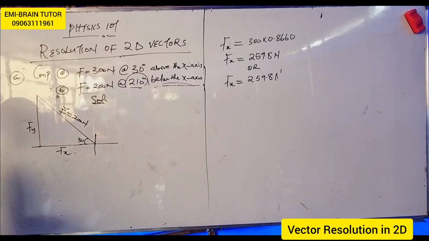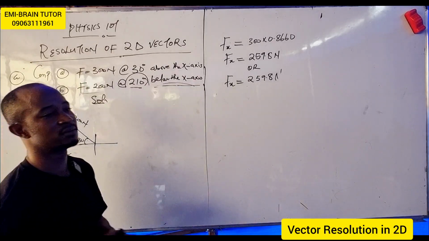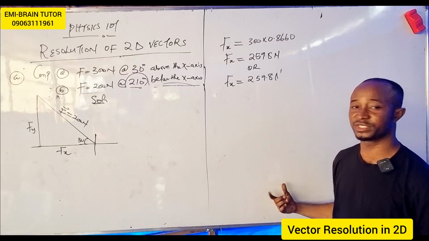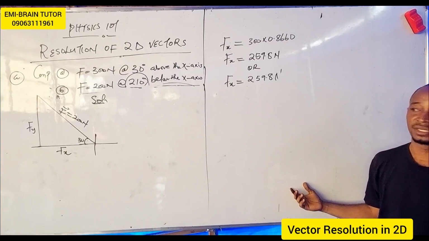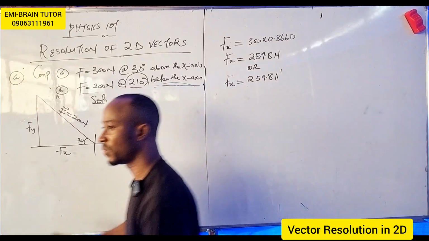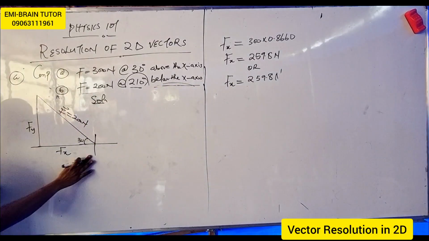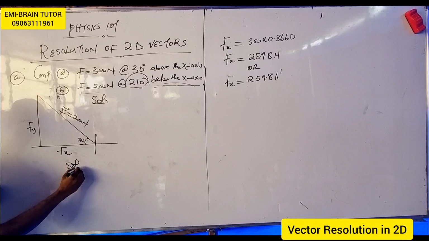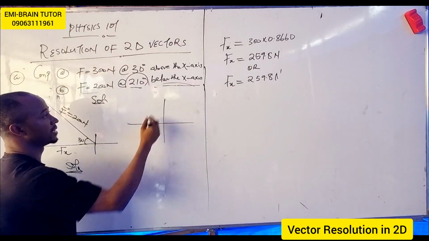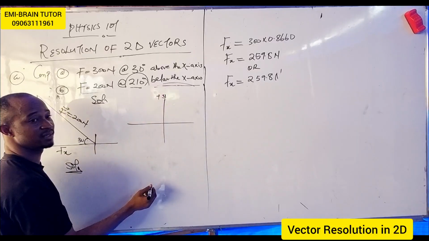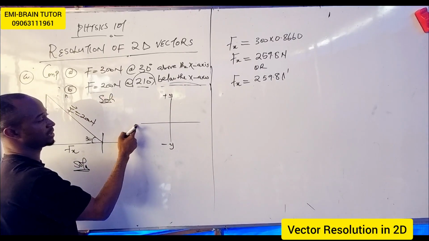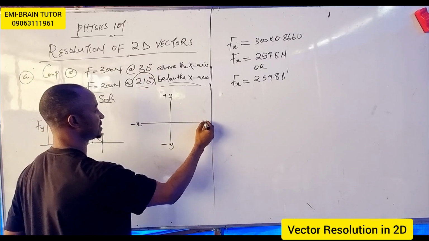Now pay attention. I will use two methods to solve this. Then you can choose any one you want. I will use the concept of directional angle and the concept of normal vector resolution. Now watch. Whenever we have a Cartesian diagram, here we have plus y, here minus y. What side is here? Minus x. What side is here?